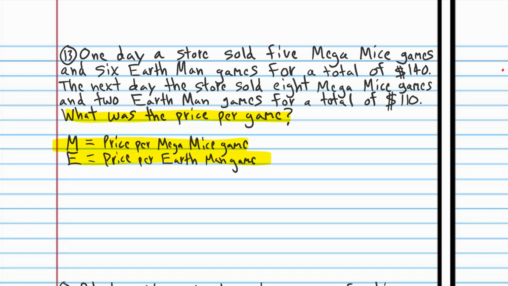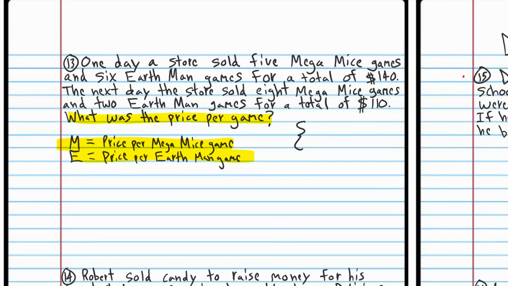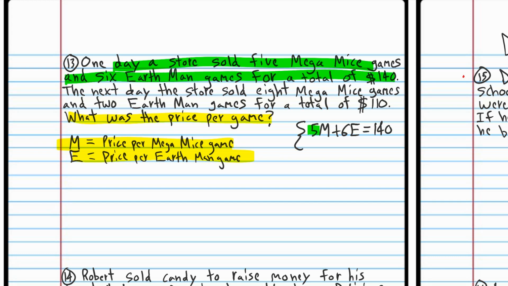All right, now we can generate our system of equations. 5 Mega Mice games and 6 Earthman games. Total is $140. And that would be the green equation. And the next day, 8 Mega Mice games and 2 Earthman games for $110.